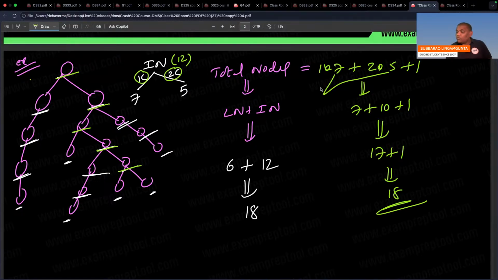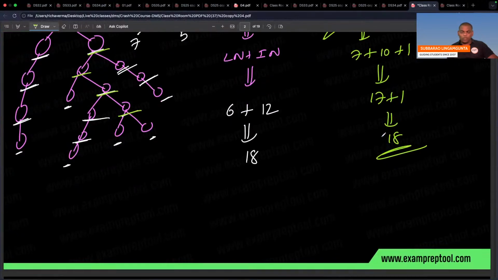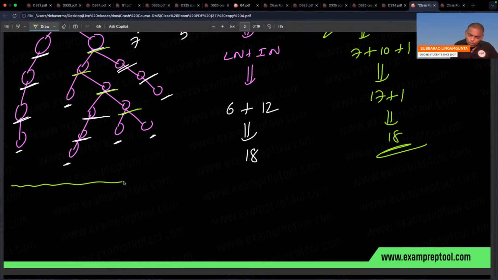Total internal nodes are 12. But if you want total nodes, 1 into 7 because 1 child is 7, 2 into 5 because 2 child is 5. If you do plus 1, you will get total nodes. If you don't do plus 1, the root will not come. Everyone try to get this formula. It will be really useful. I'm thinking you got it.